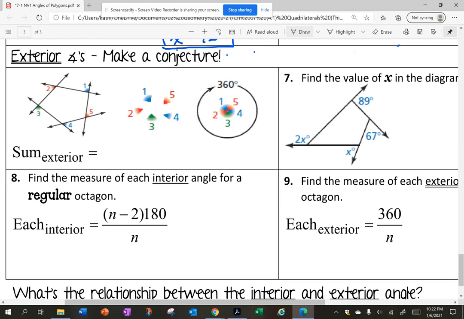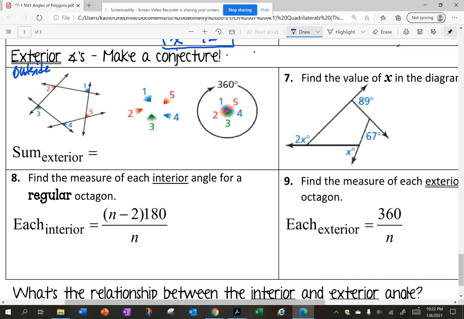All right, so next, these are exterior angles. So these will be on the outside. So exterior is on the outside. So if I gave you a figure, and here are all the exterior angles, 1, 2, 3, 4, and 5.